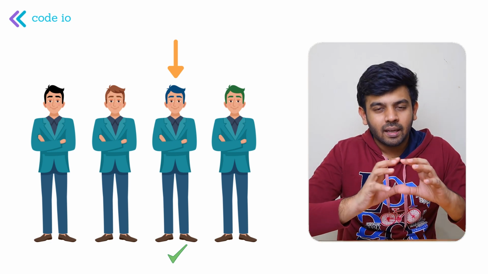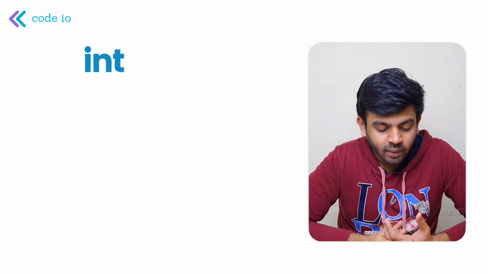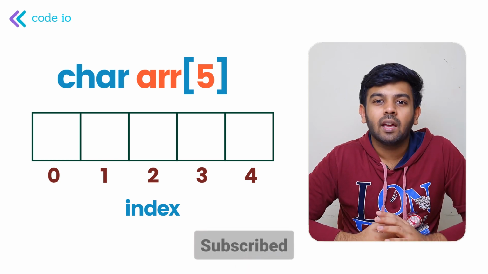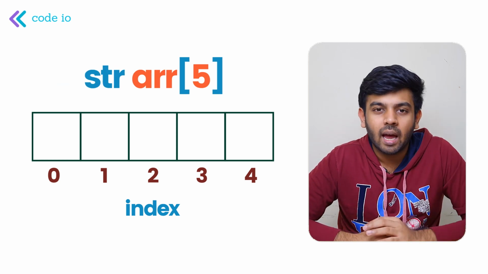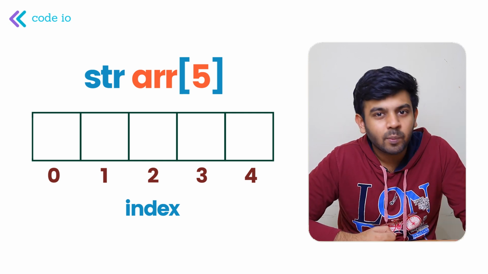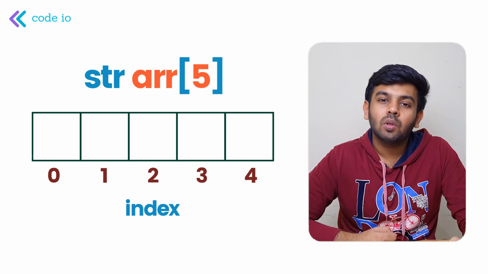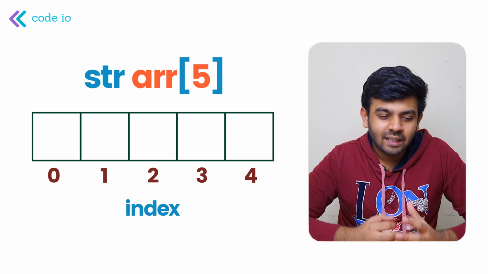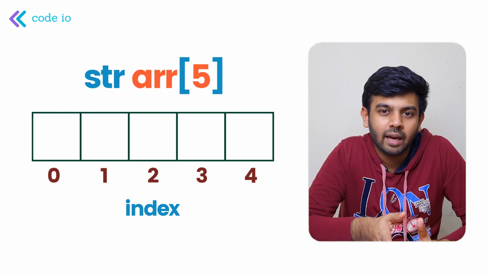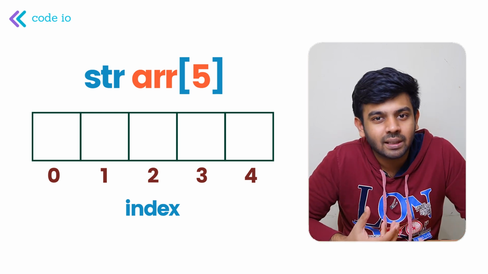When you compare this with the situation that we'll actually be using, you're given an array. It might be an integer array, a character array, a string array, anything, and you're supposed to find one particular element in it. It might be an integer, it might be a string, depending on the array, doesn't matter, but you're supposed to find it. Just like when you wanted to find the man with blue colored hair, you're going to look at every single individual element in this array, right?